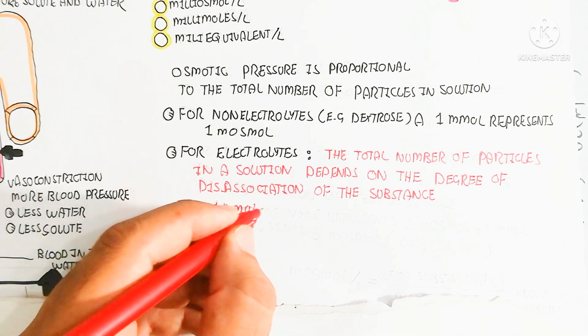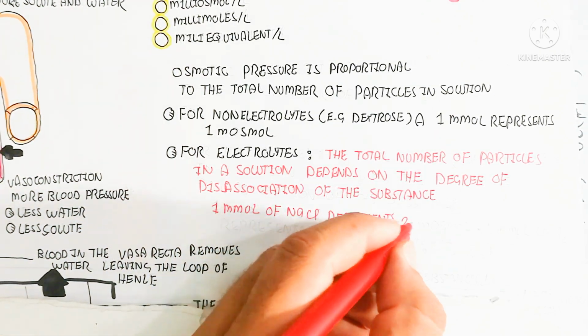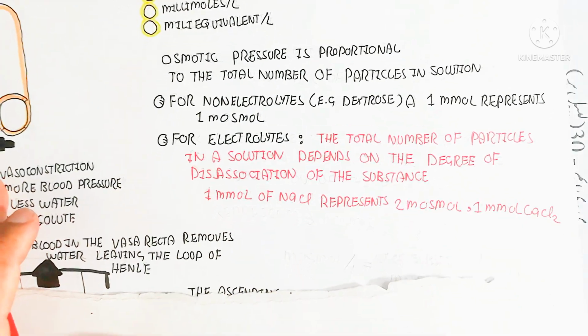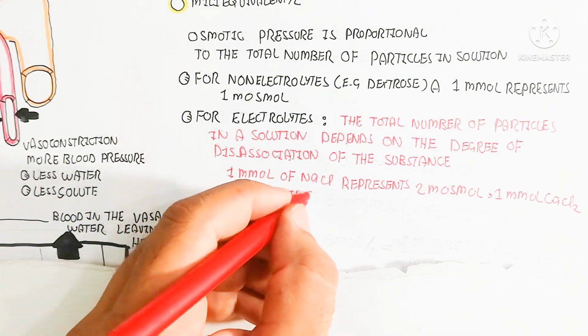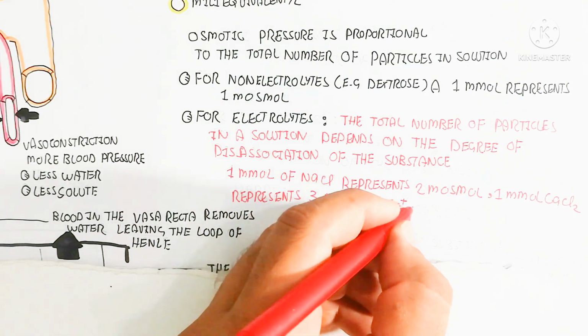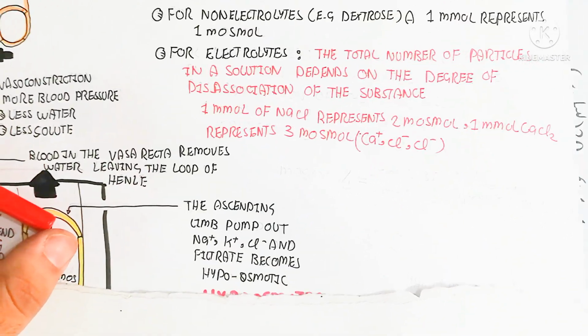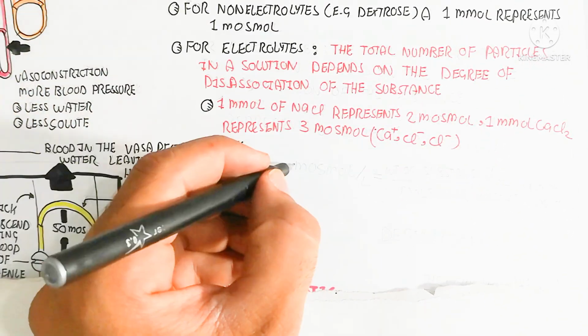For example, sodium chloride dissociates into two substances, sodium and chloride. It means 2 degrees. 1 millimole of sodium chloride represents 2 milliosmol, while 1 mole of calcium chloride represents 3 milliosmol per liter, the calcium and 2 chloride ions.